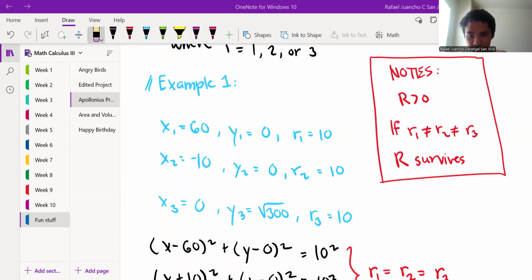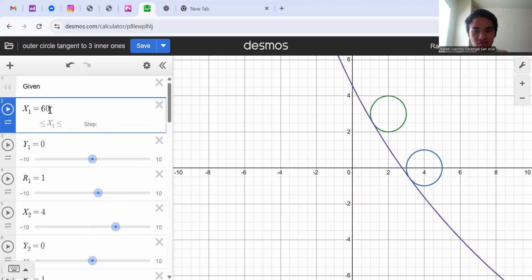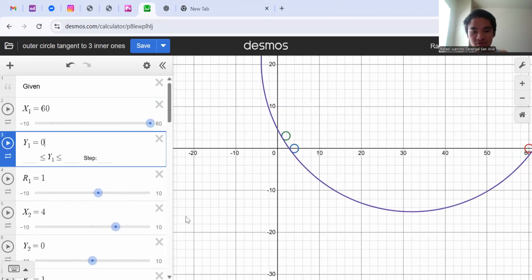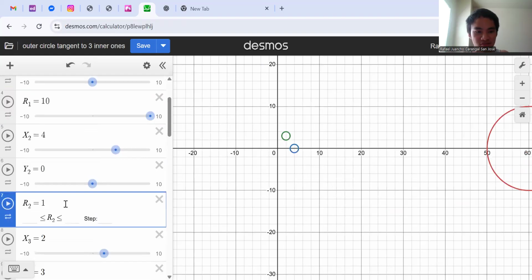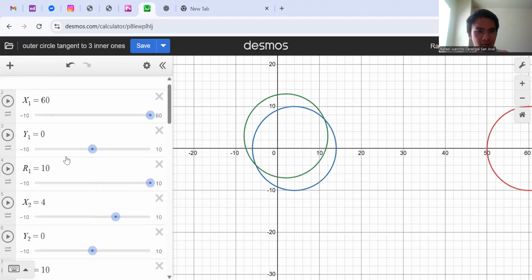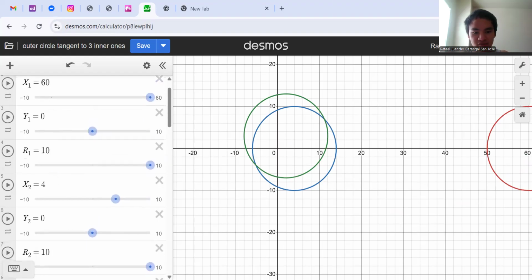I've also been trying out different examples, but let's go with that first. So my x sub 1 was 60, my y sub 1 was 0. All of my r's are tens, right? All of my radii are tens. 60, 0, 10, that's my first circle.